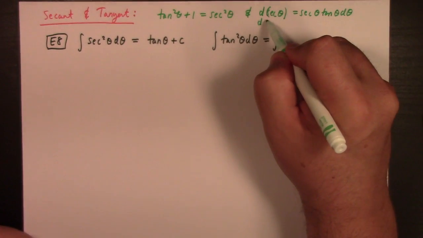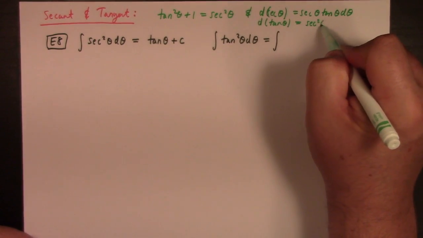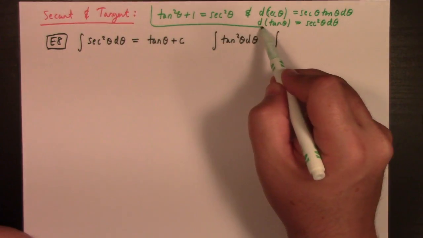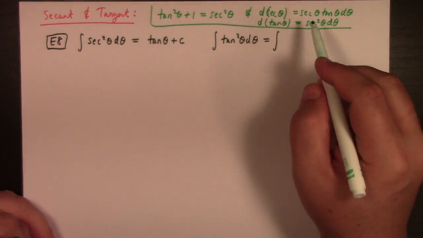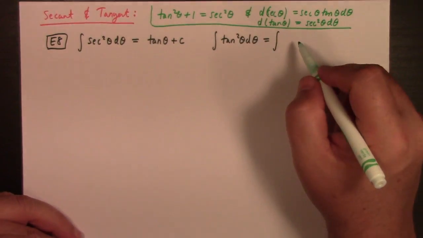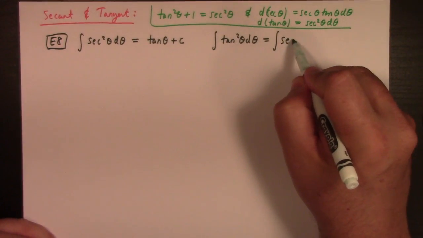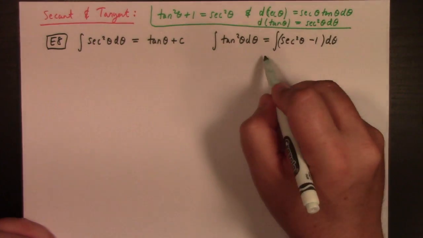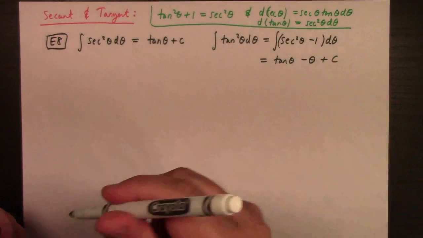And the other is that the derivative of tangent theta is secant squared theta d theta. This trifecta of knowledge will solve your problems. Well, when you combine it with some common sense, I suppose. Tangent squared is secant squared theta minus 1. So that then is tangent theta minus theta plus a constant.